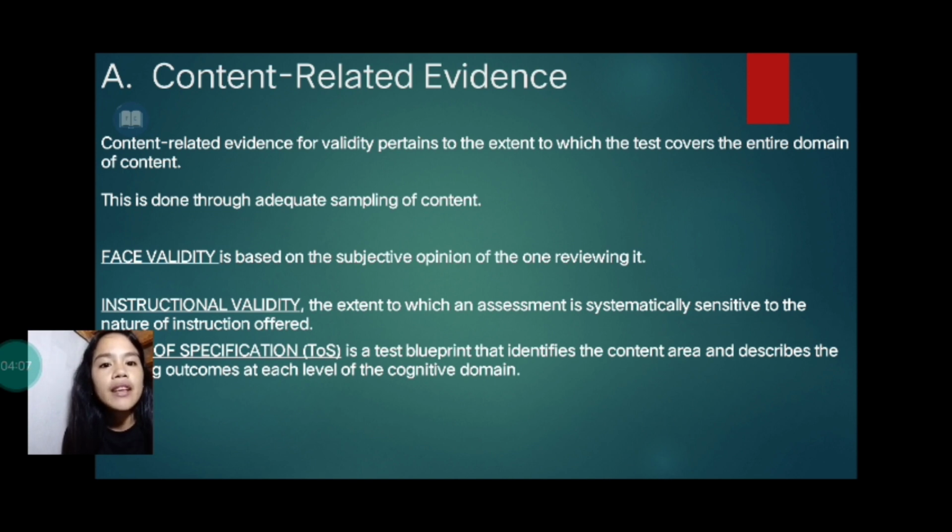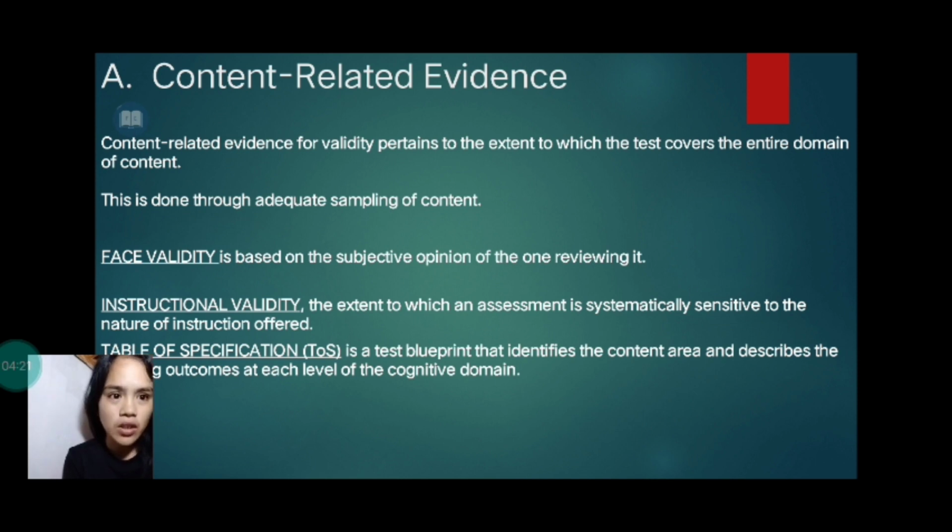We have here face validity, which is based on the subjective opinion of the one reviewing it.